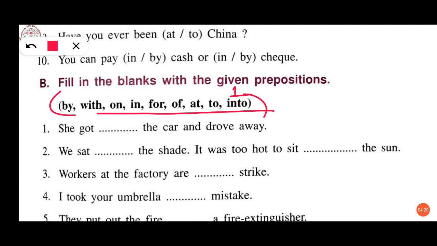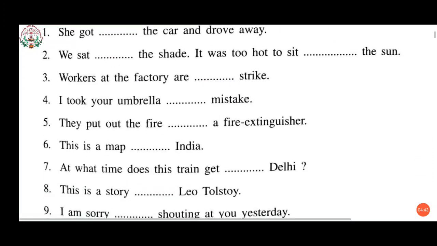Second, we sat in the shade. It was too hot to sit in the sun. Number 3, workers at the factory are on strike. Likewise, we have to do all these questions.